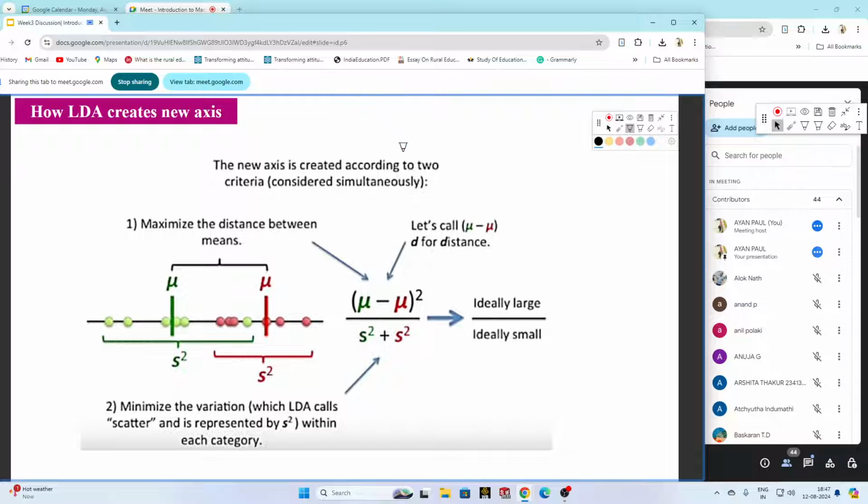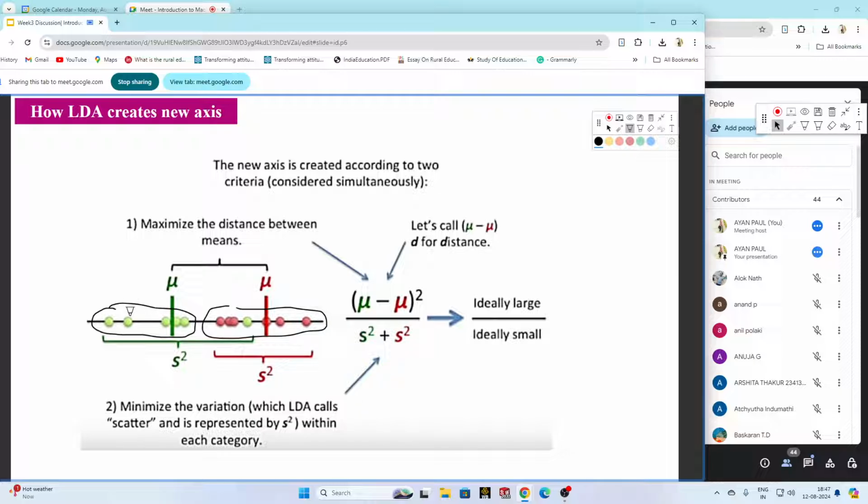The new axis is created according to two criteria. One is we have to maximize the distance between the means of the two data groups. You can see we have one group of data in green color and another group in red color.